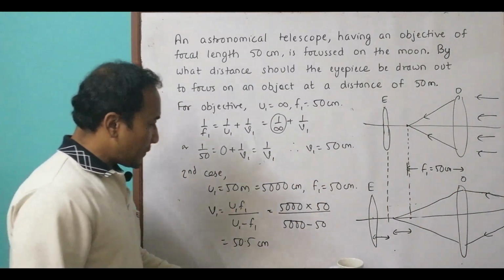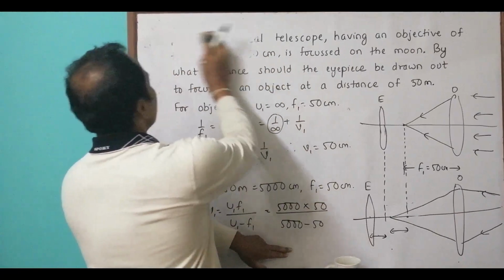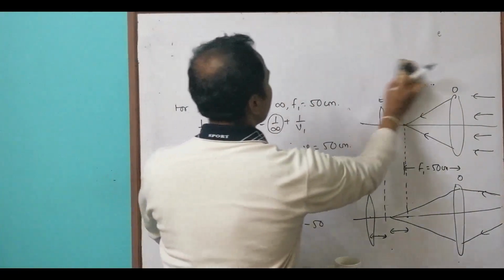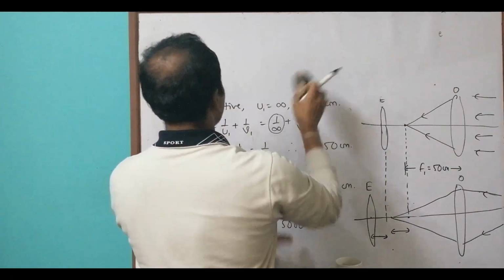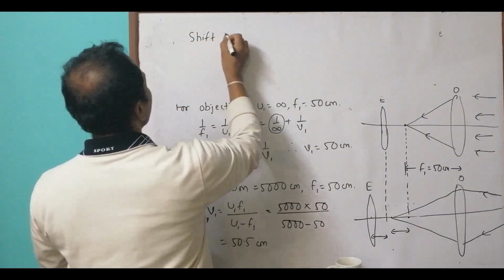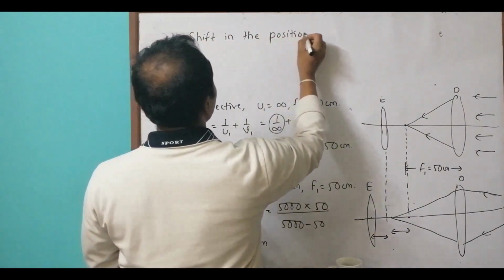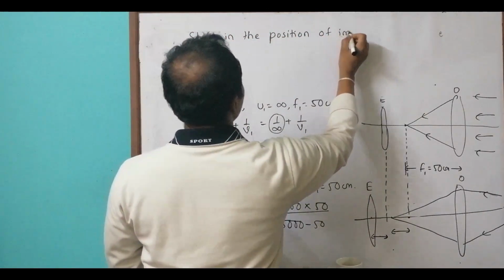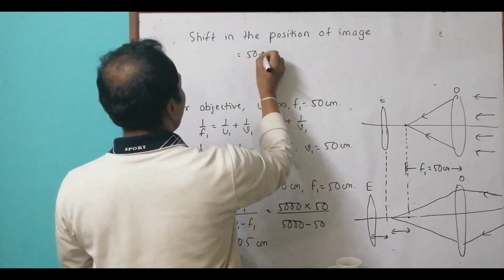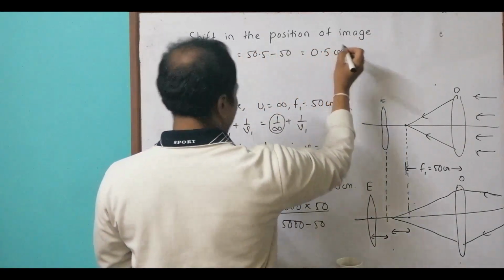So the shift in the position of the image will be 50.5 minus 50, equal to 0.5 centimeters.